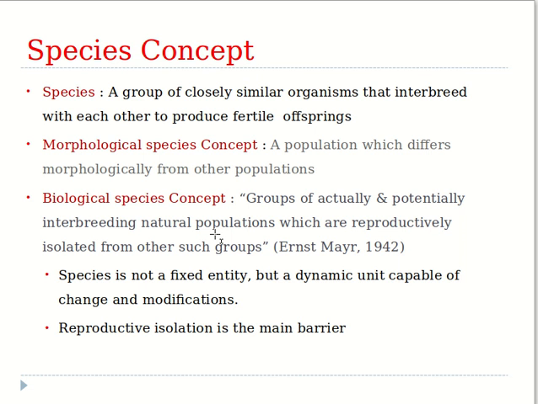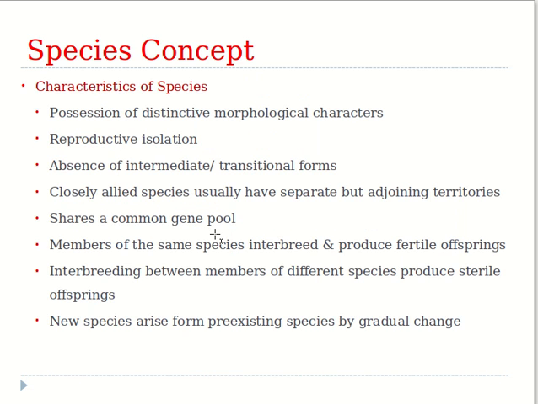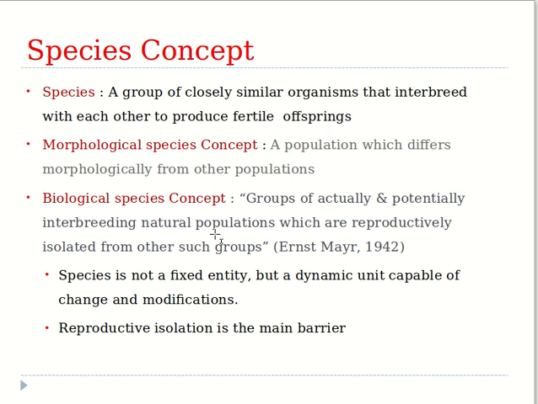Now we can see the characteristics of species. Before going into that, we missed this too, isn't it? As per Mayr's definition of biological species, a species is never a fixed entity, but it is always a dynamic unit capable of change and modifications.